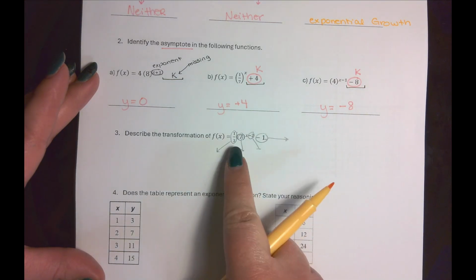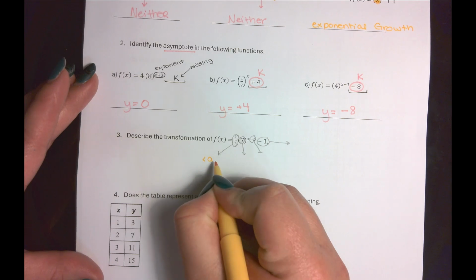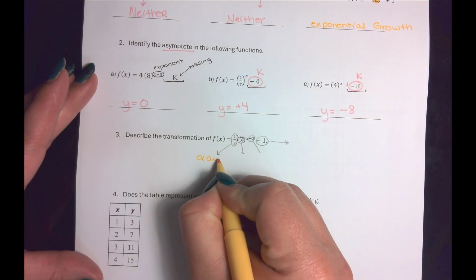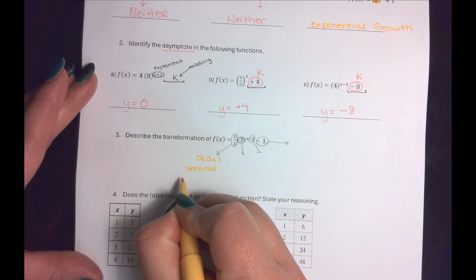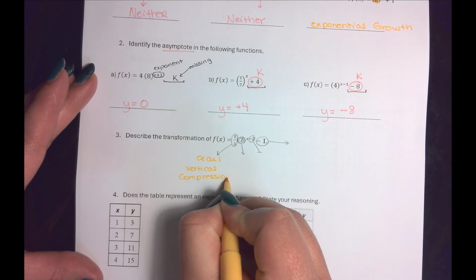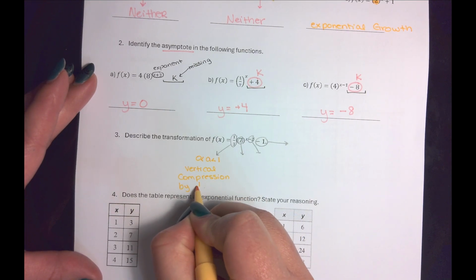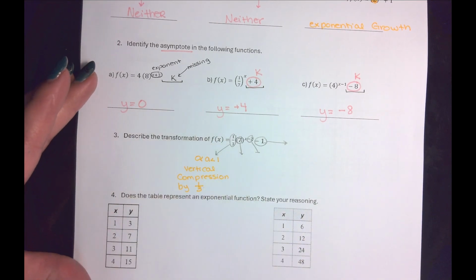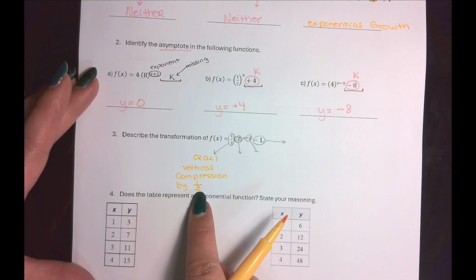So if we take a look at the first A value, your A is between 0 and 1, which would be a vertical compression. And be careful here because you have to tell me by how much. If I'm squishing slime or pressing down, I need to know how far down. So this is by 1/3.